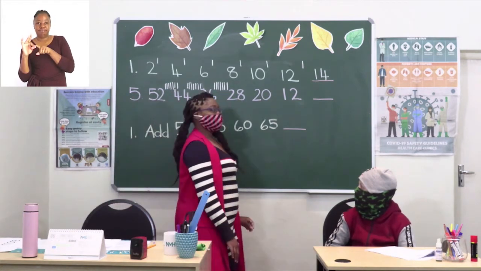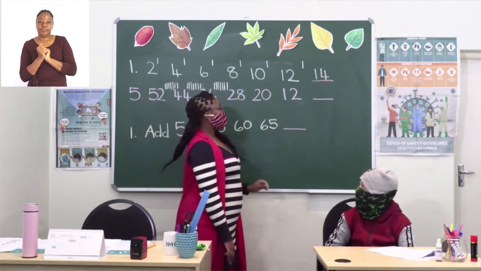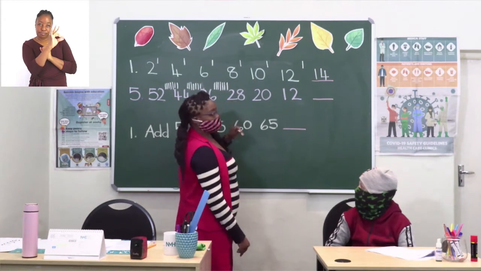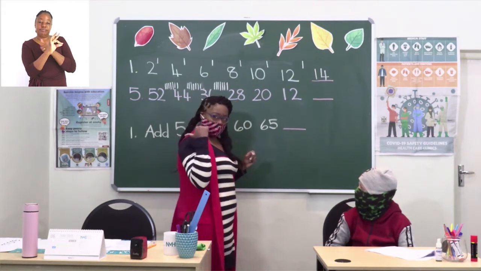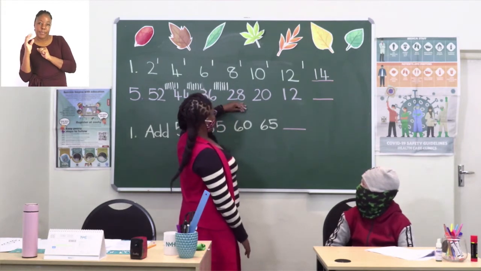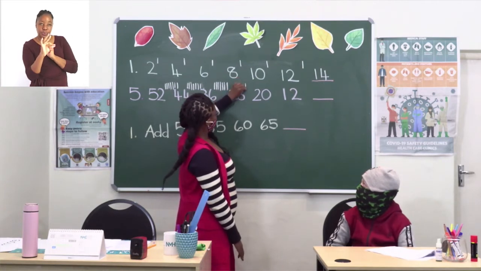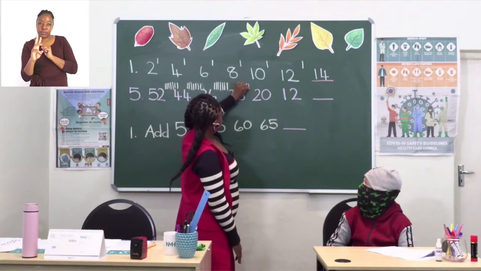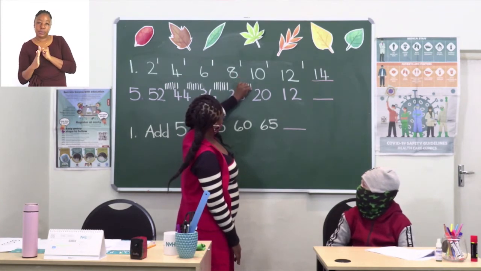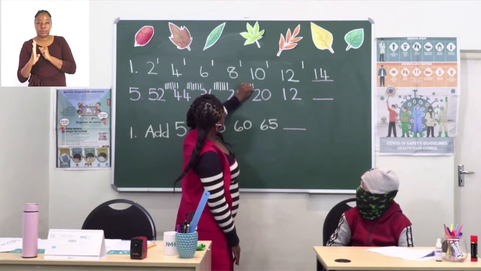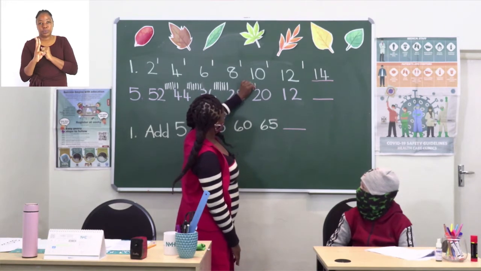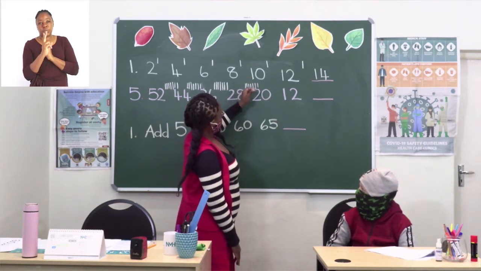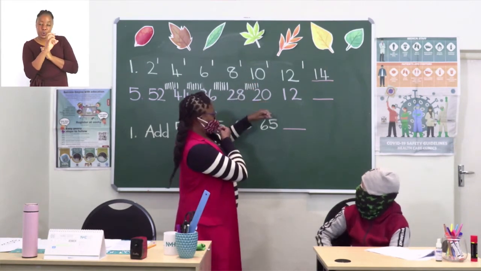Let us continue from 28. 28, remember we are counting backwards. 27, 26, 25, 24, 23, 22, 21, 20.